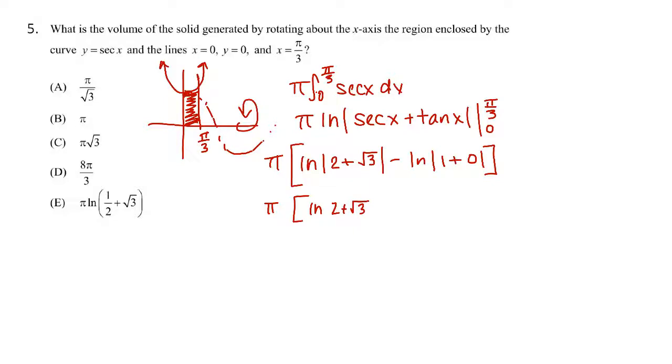We know that's a positive value. Minus, well, the natural log of 1 is 0. Now this answer does not match what we're seeing. It's pretty close to E, but that's because these answers are written from using the shell, I believe, method. So because this is a very old question, but this would be the final answer.